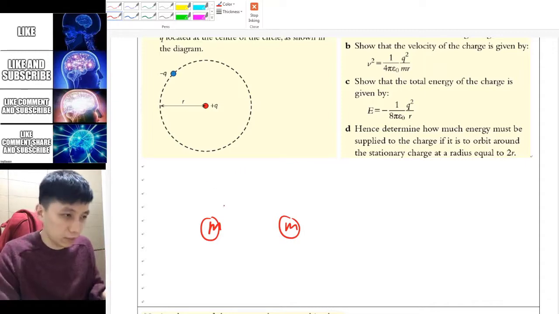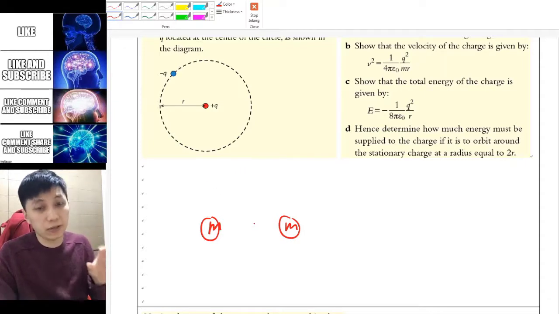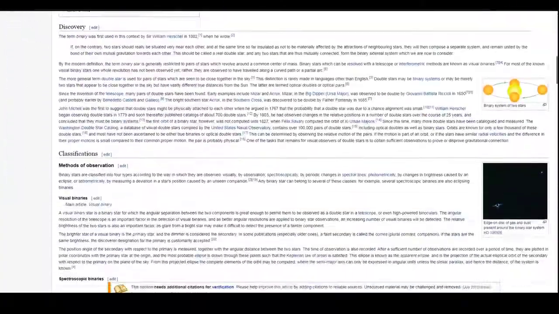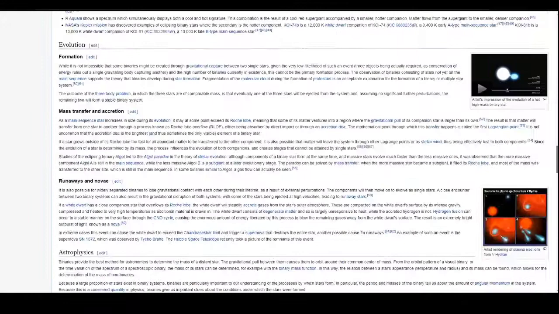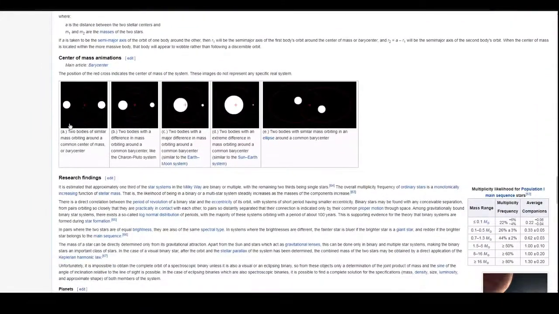And in astronomy, we have something similar to this we call a binary star. So you may want to check it out and Google it if you are interested. Here is some animation of how it may be moving. Obviously the physics behind will be more complicated than what we are going to do here.